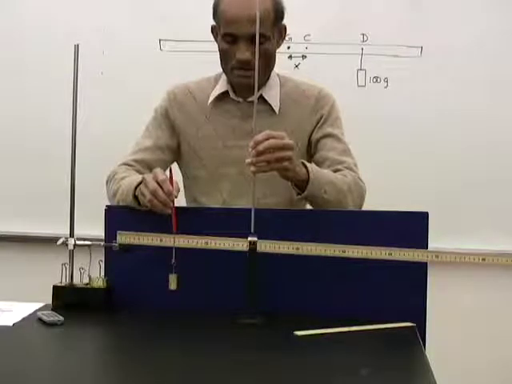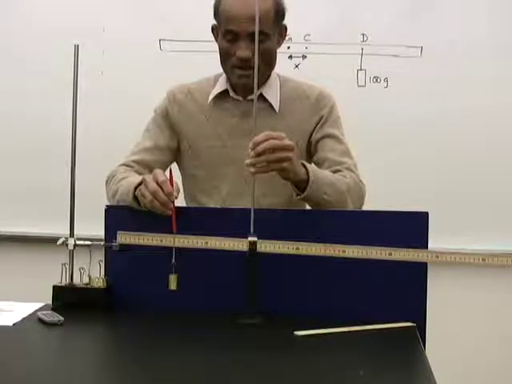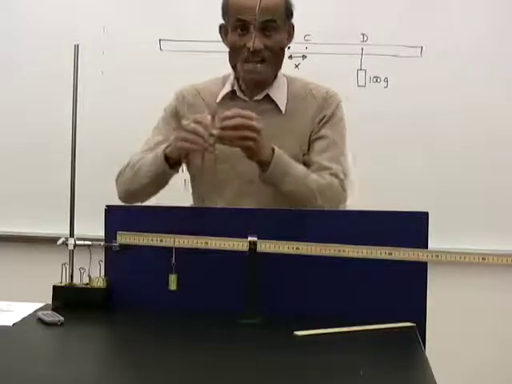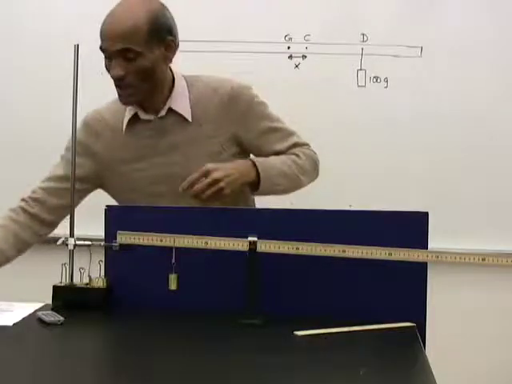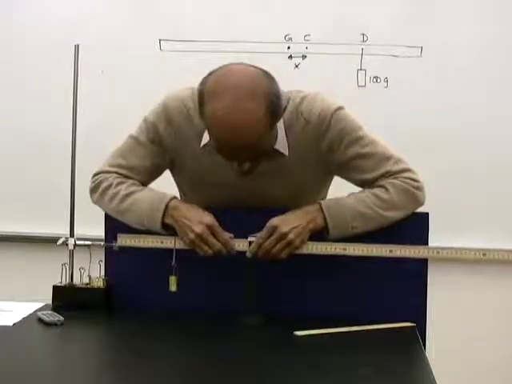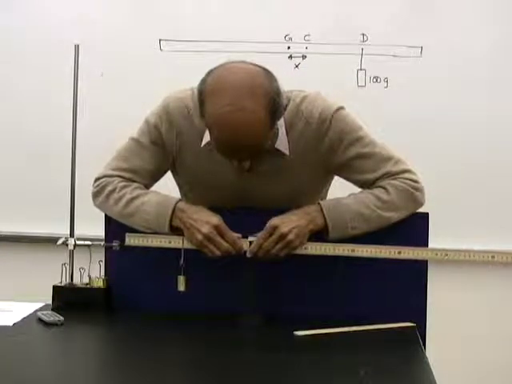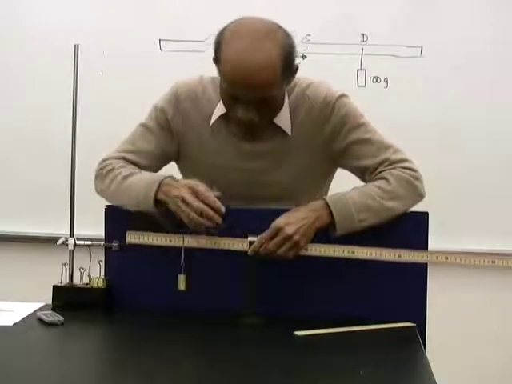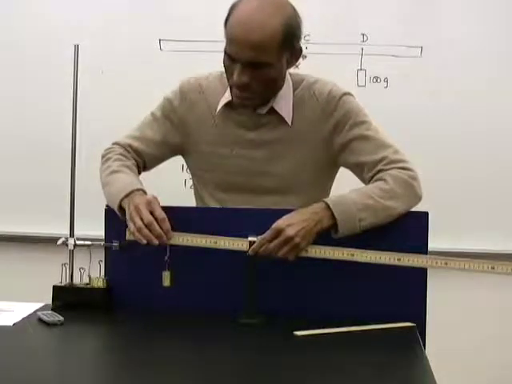I want you to do it for 10 x values. If you haven't got 10, I'm going to do one more. So I'm going to increase it by another 2 centimeter. X is now increased by another 2 centimeter.